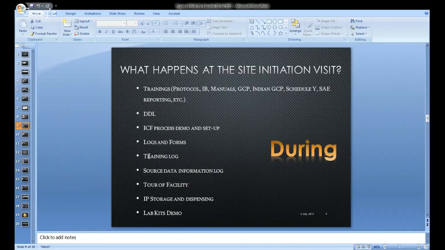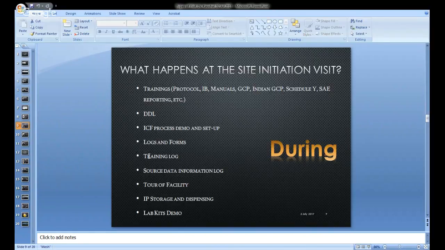So ensure that this particular log has a patient's file number mentioned, and what date the last visit happened, so that it becomes very easy for you to retrieve the document in case of any emergencies, or for your audits, your inspections, your day-to-day monitoring.